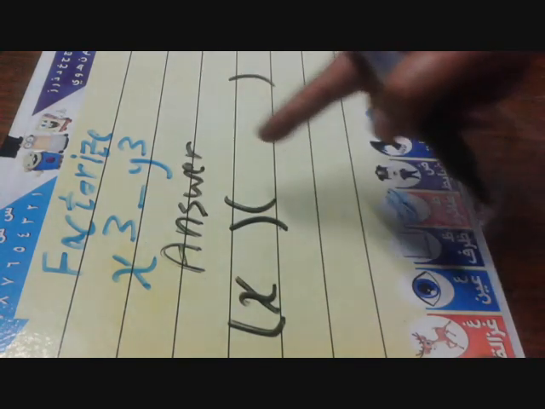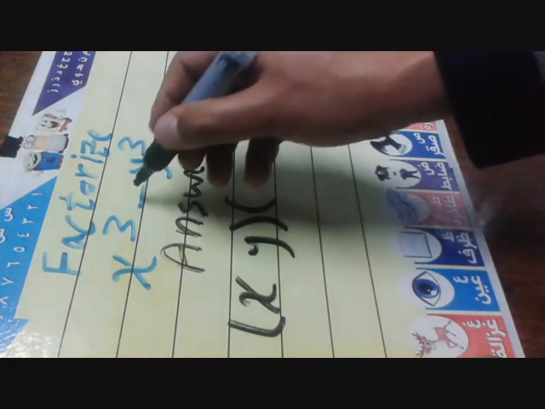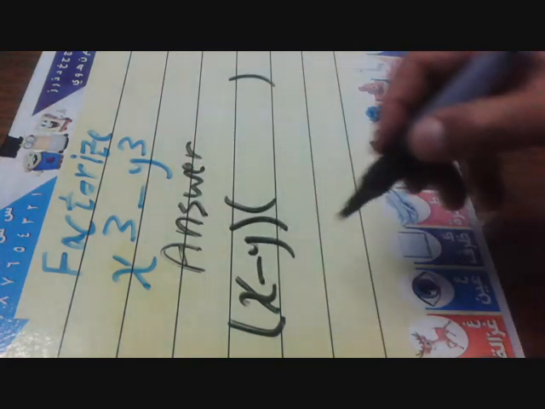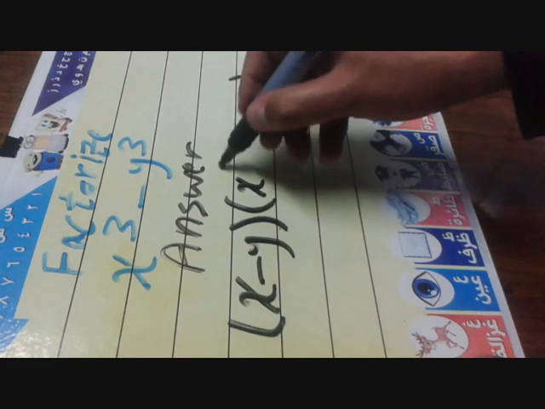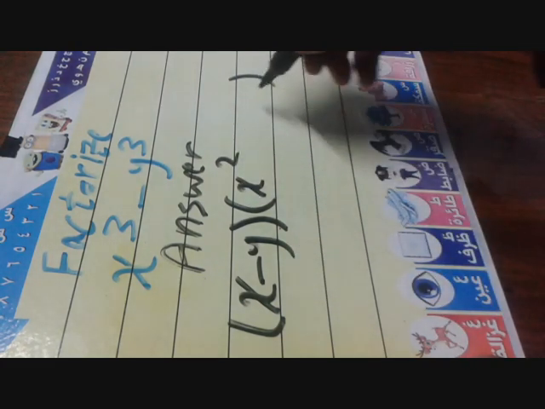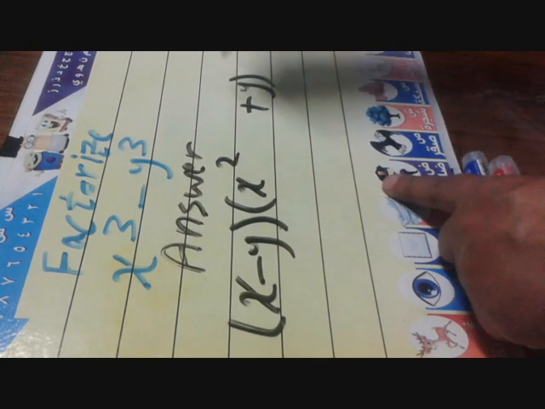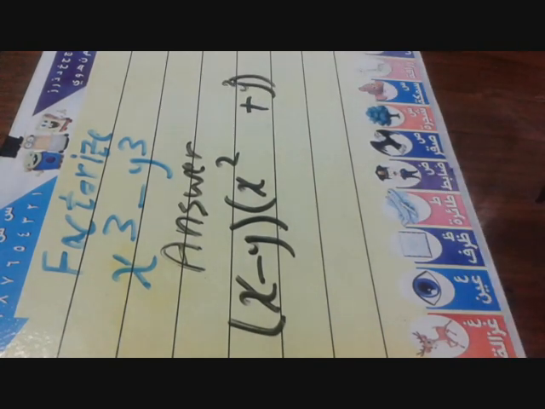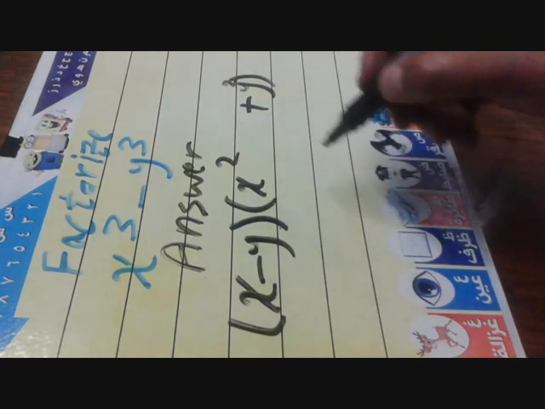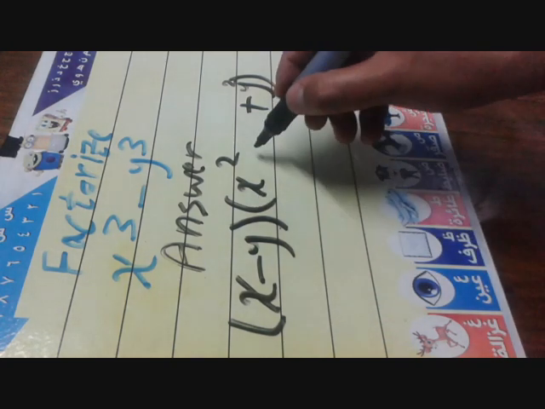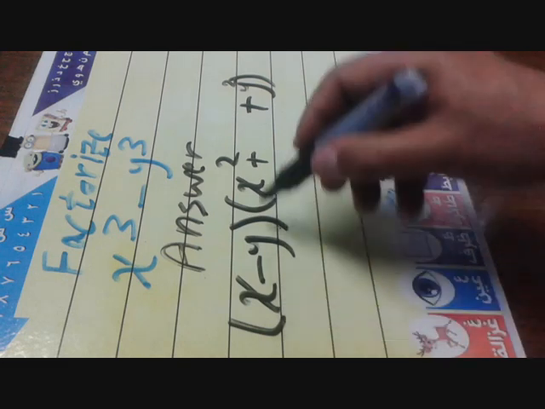This y is power 3, I put y, minus, I put minus. X times itself equals x square, negative y times itself is positive y square. This is negative, I put positive xy.